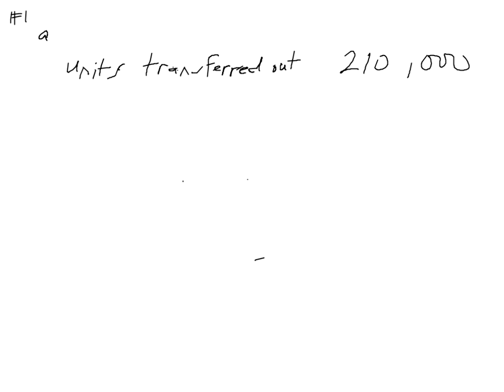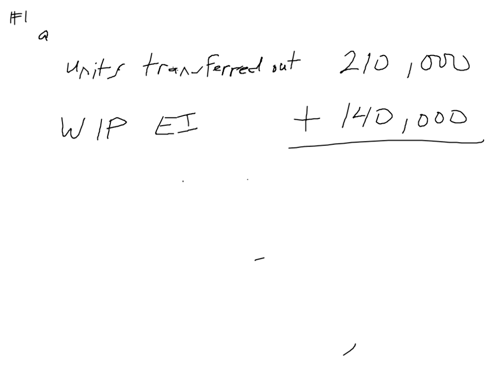And then we have units in work in process, and it says that there's 140,000 units in ending inventory work in process, and that they are 100% complete for materials. So that means that the 140,000 units are complete for materials. So we use 140,000. We add those together, and we get 350,000 equivalent units for materials.